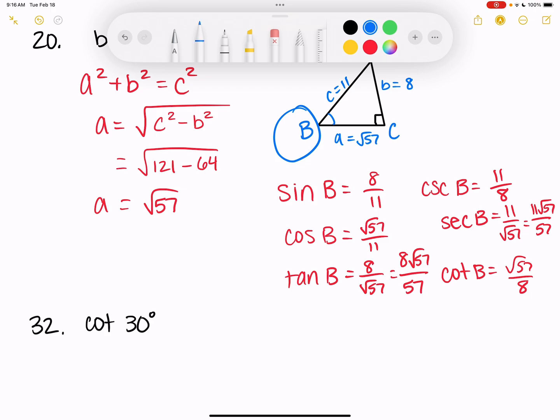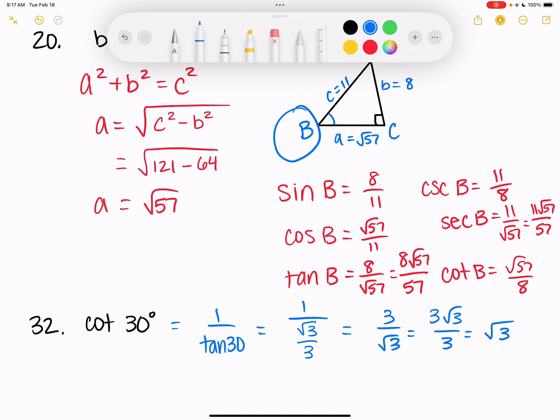So cotangent is 1 over the tangent of 30. So this would be 1 over the square root of 3 over 3. Keep, change, flip. This would be 3 over root 3, or 3 root 3 over 3, or just root 3.